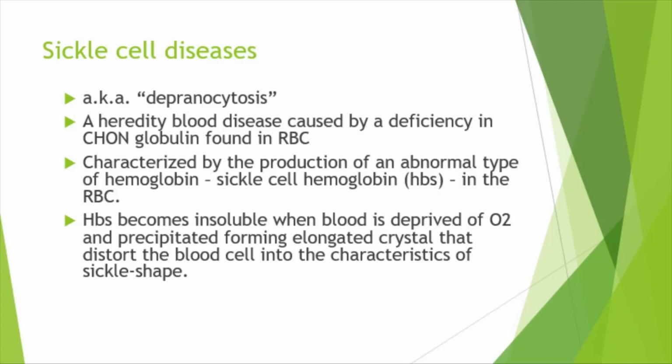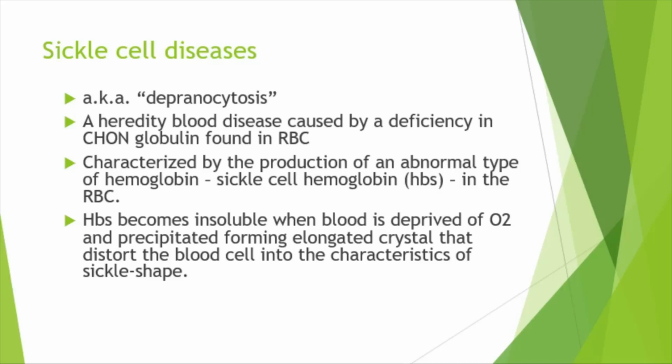So again, sickle cell disease is a hereditary blood disease caused by a deficiency in the protein globin found in RBC. It's characterized by the production of an abnormal type of hemoglobin, so it is a sickle cell hemoglobin in the RBC. It is called sickle cell because it is shaped like a sickle.